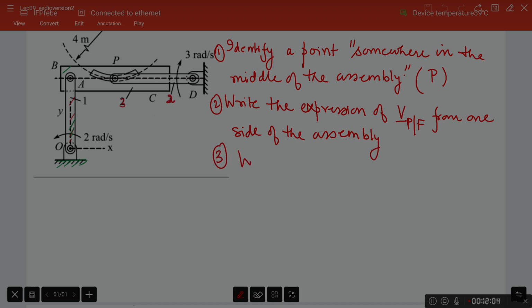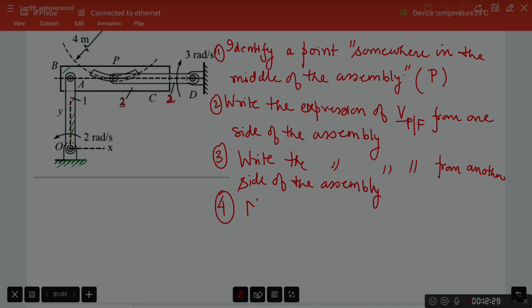Third step is, write the expression of the same particle somewhere in the middle of the assembly from another side. And then match the expressions obtained in step 2 and step 3.